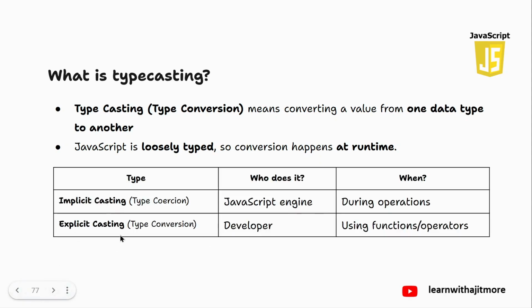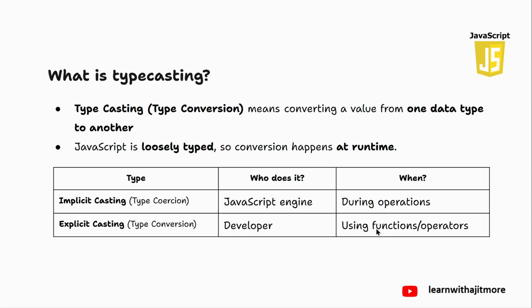But still, JavaScript has given two ways of casting. One is implicit casting and another is explicit casting. Implicit casting means when it is done by the engine as needed, when the operations are going on. Double quote 5 plus 10, so it will automatically convert 10 to a string and do the concatenation. So during the operation. Explicit casting means done by the developer.